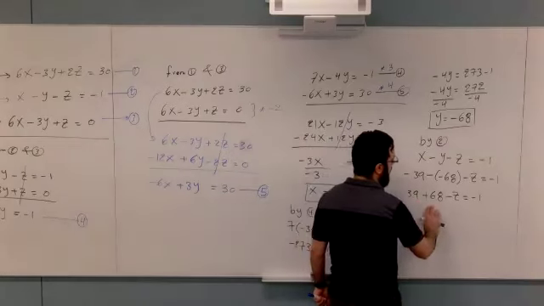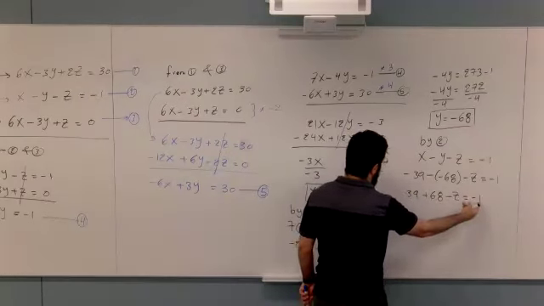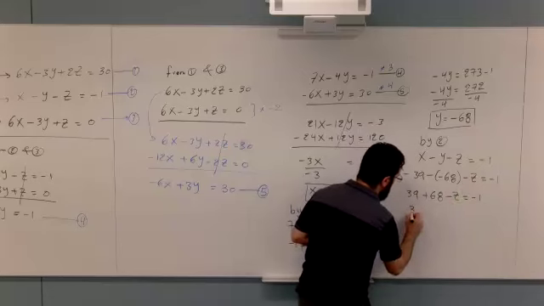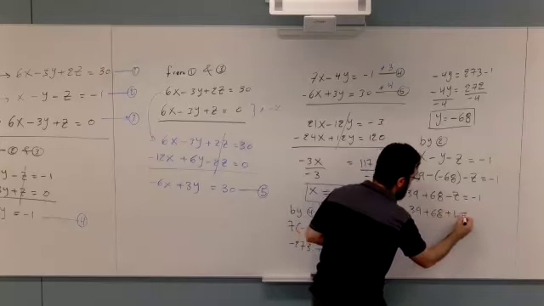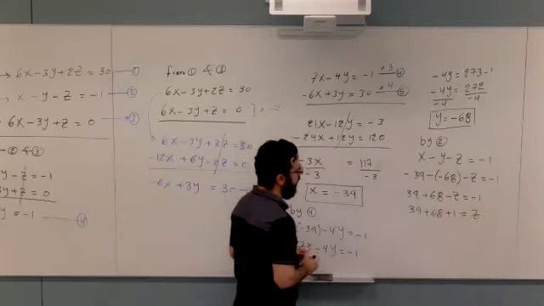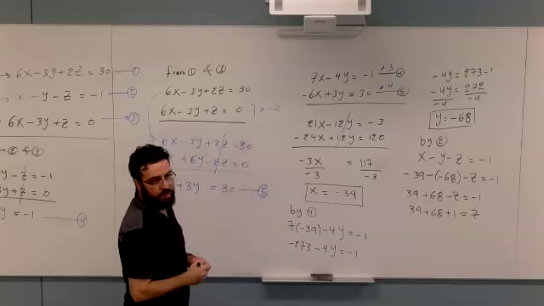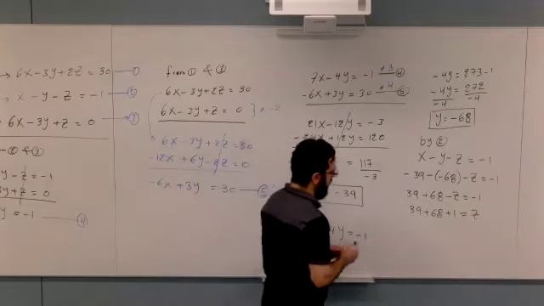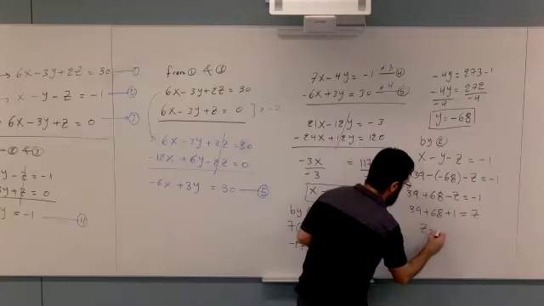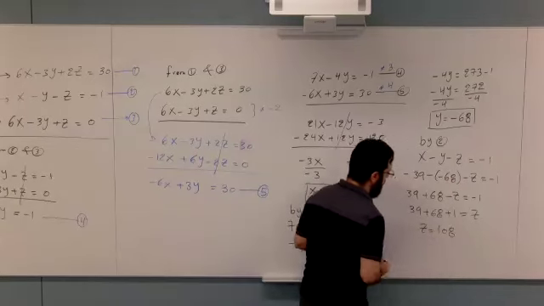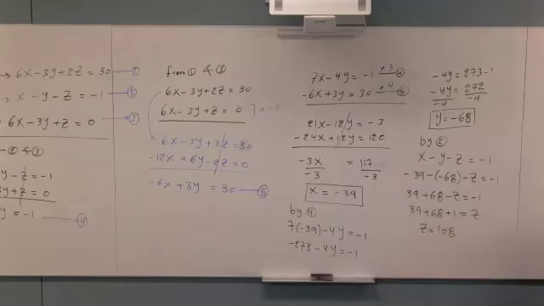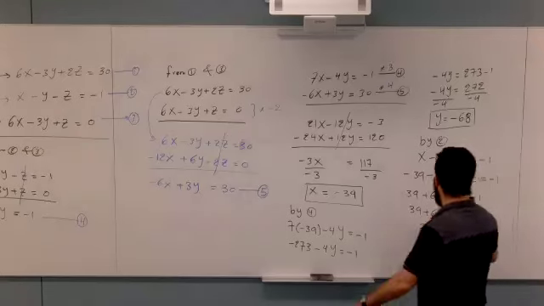Combine these together. Move the 1 to this side. That means 39 plus 68 plus 1 equals z. The value of z... I moved it.